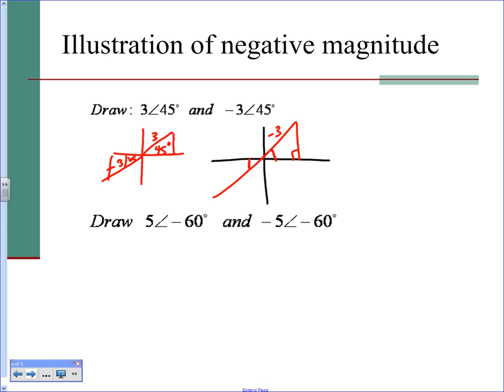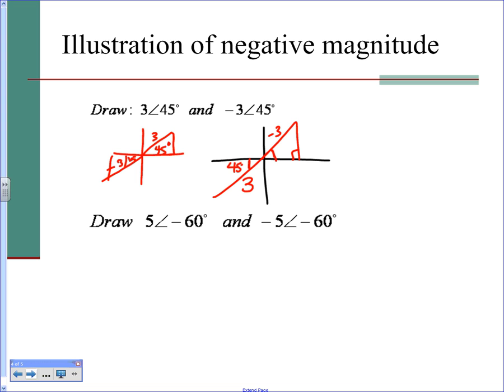What is this angle going to be? It's still a 45 degree angle. The angle doesn't change, but now we have a positive distance instead of a negative.